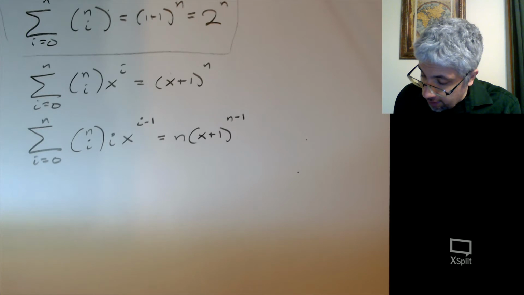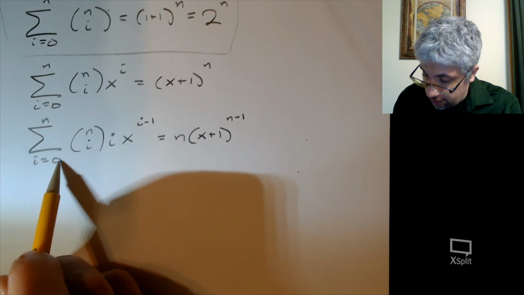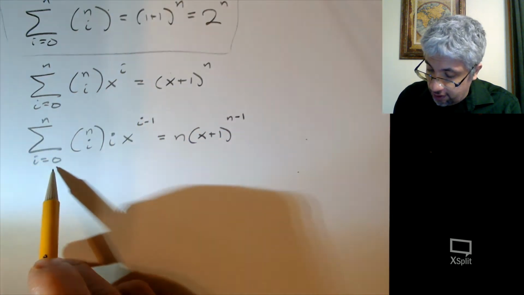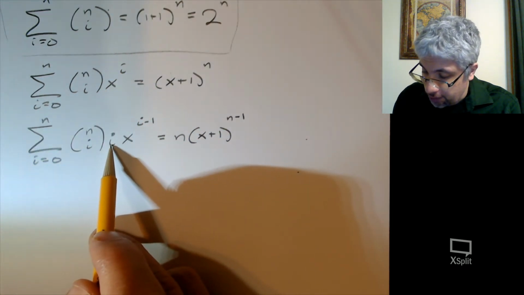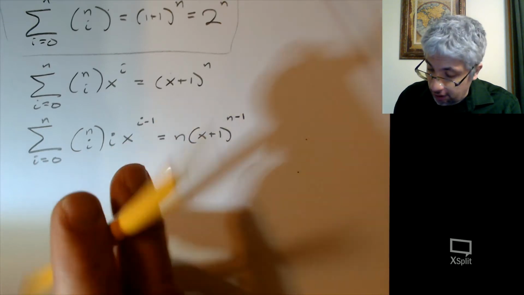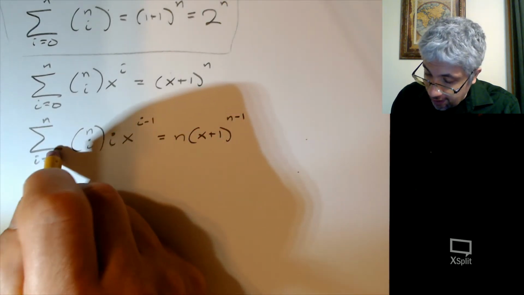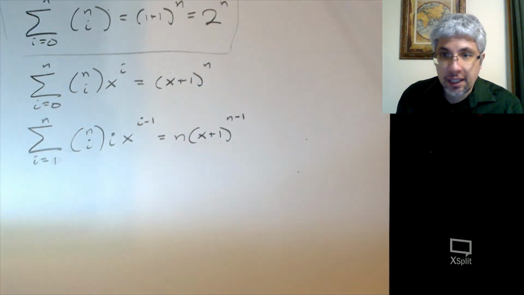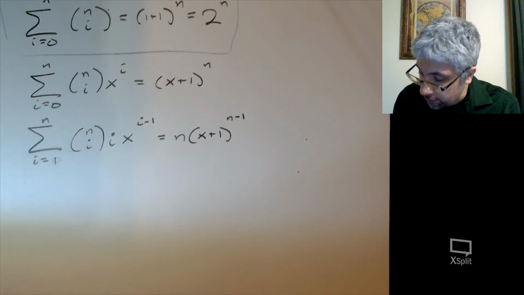But keep in mind in the i equals 0 case, this was just a constant. It should have gone to 0. It really doesn't matter because I have a 0 here for i, but I could start this with 1, and it doesn't make any difference. And then you don't have to worry about the negative exponent there.